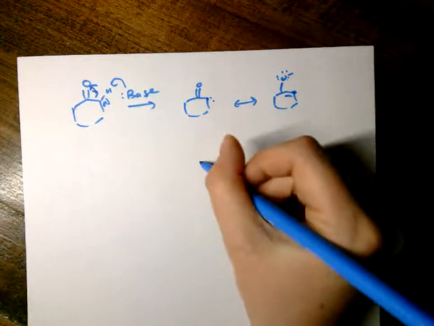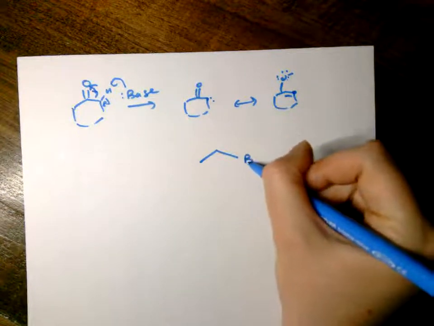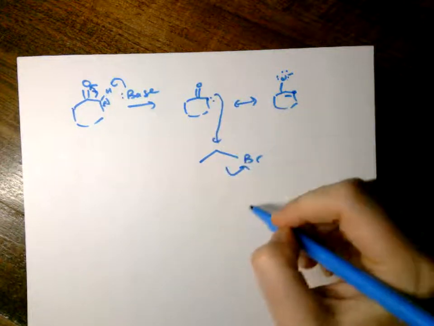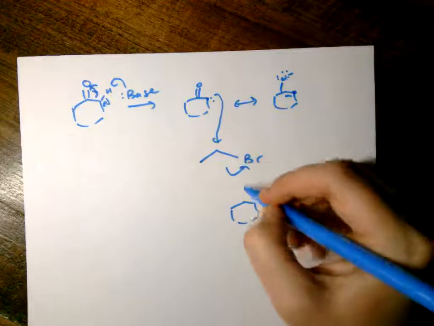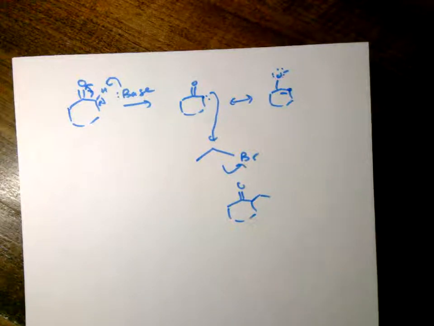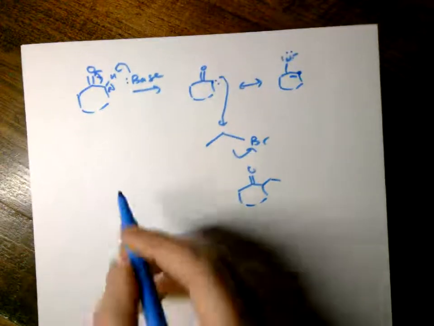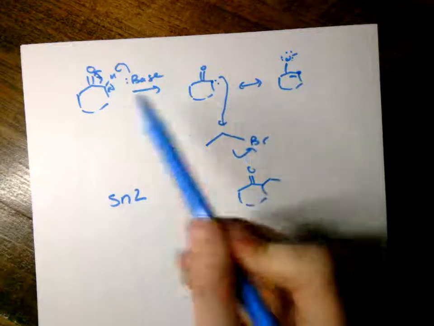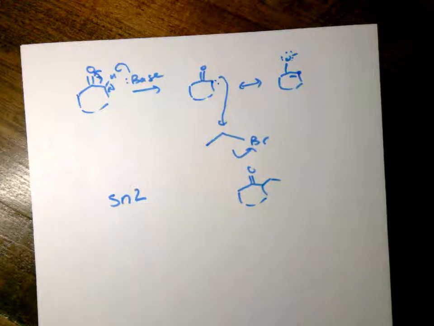And then you're just going to have any old SN2, anything. So you can come attack here and kick this out, and you will get an alkyl group at the alpha position. That's literally it. This is actually just an SN2 reaction. And you're making the nucleophile by using a base to create the enolate, and then it's just doing SN2.